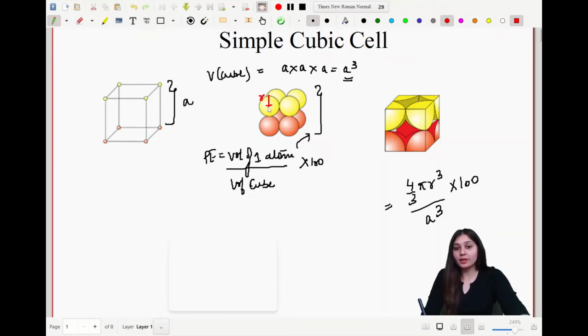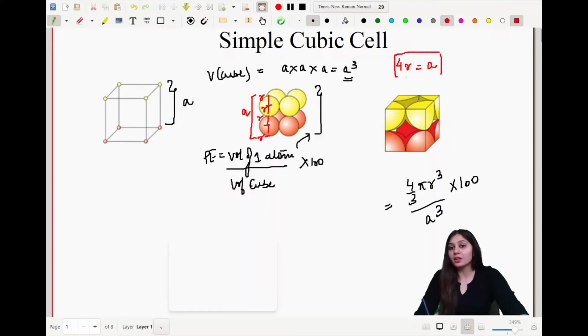And this is one radius, this is two radius, this is again a radius, and this is again a radius. So total 4 radius, if I just combine, is one edge length, which is a, okay? Which means 4 times the radius of the atom is equal to a, that is the edge length. Eureka! We have a relation between the two variables, r and a, and we can substitute that in our equation and find out the value, okay?